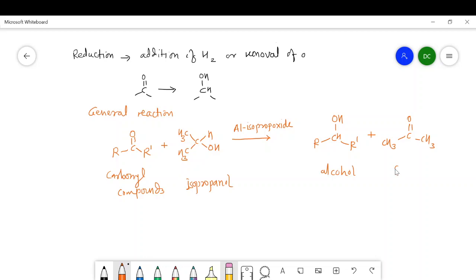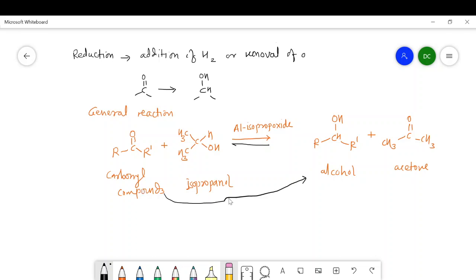Now, this reaction is reversible to the Oppenauer oxidation. That's why we can write a reversible sign here. So this alcohol can be converted into the carbonyl compound by using Oppenauer oxidation. But for MPV reduction, this is the general reaction where the carbonyl compound is converted into the corresponding alcohol.